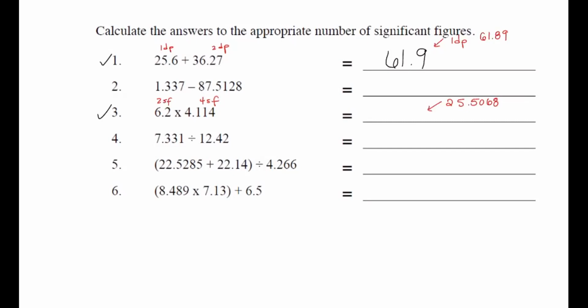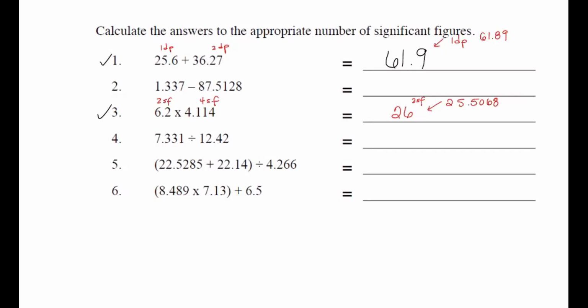Great job on the chat. 26. Okay? Because I need to express this as 2 sig figs. And this is 2 sig figs because for multiplication, it's the lowest significant number. Exactly. Okay. Also for division.